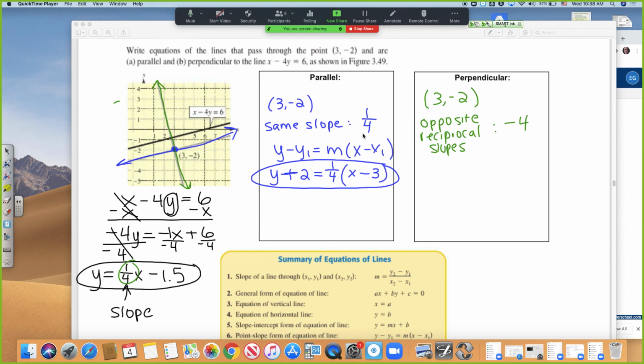The only thing that's going to be different is the slope. So I'm going to use this point again. It's going to be y minus y1, which is y minus negative 2, which is y plus 2, equals, now instead of using the slope of 1/4, I'll use the slope of negative 4, and then parenthesis x minus 3. And that is your equation in point-slope form that is perpendicular to the black line.